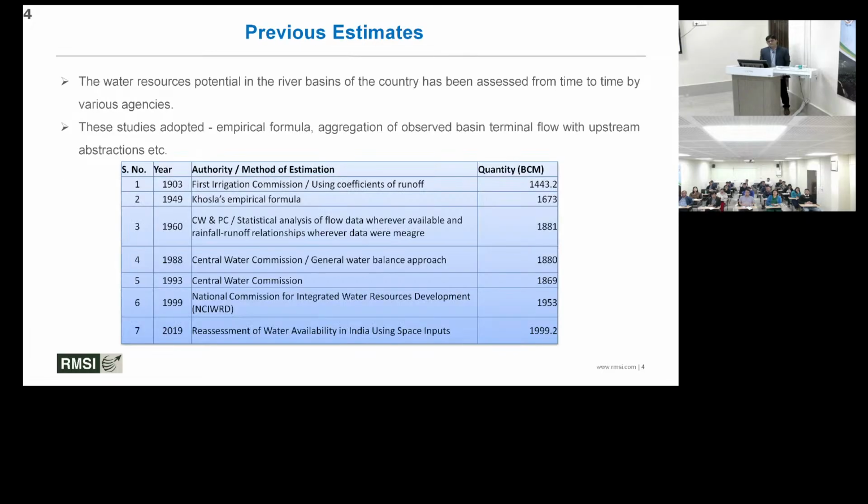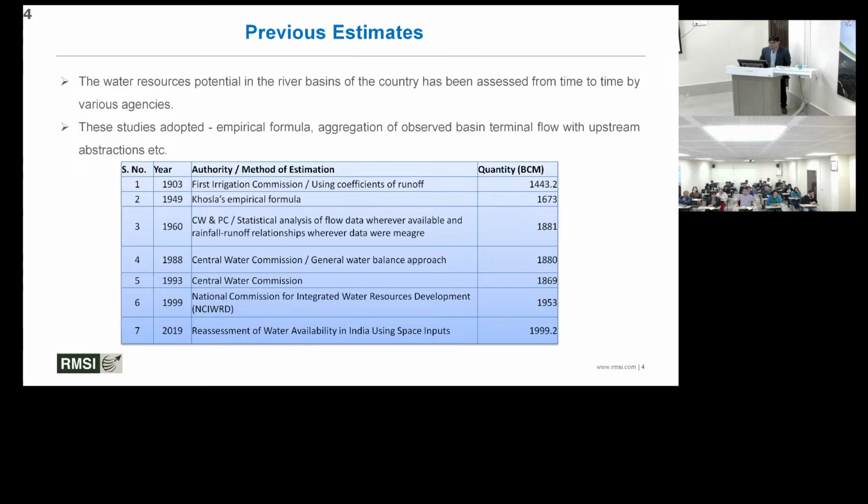The Government of India, the Central Water Commission, Ministry of Water Resources, are estimating water resources for India. They do basin-wise assessment, then compile this information to compute one single figure for India: the availability of water resources. Over the years, you may see in the table on this slide that the assessment of water resources is increasing.